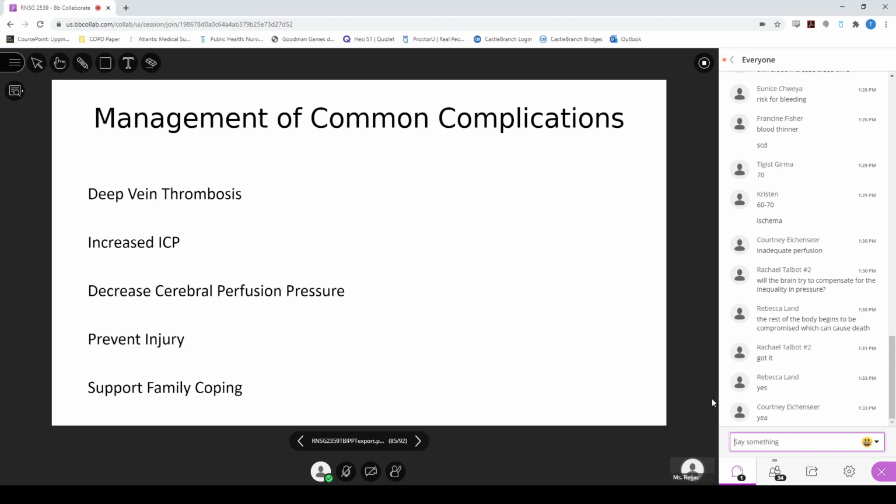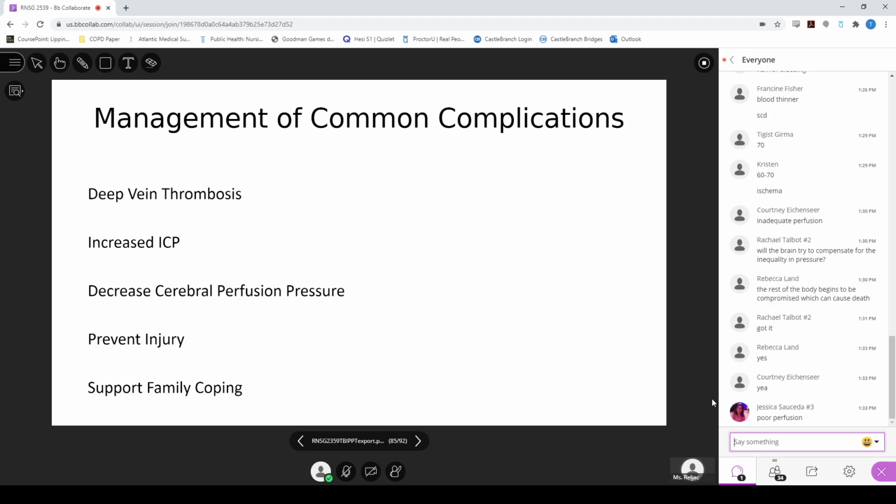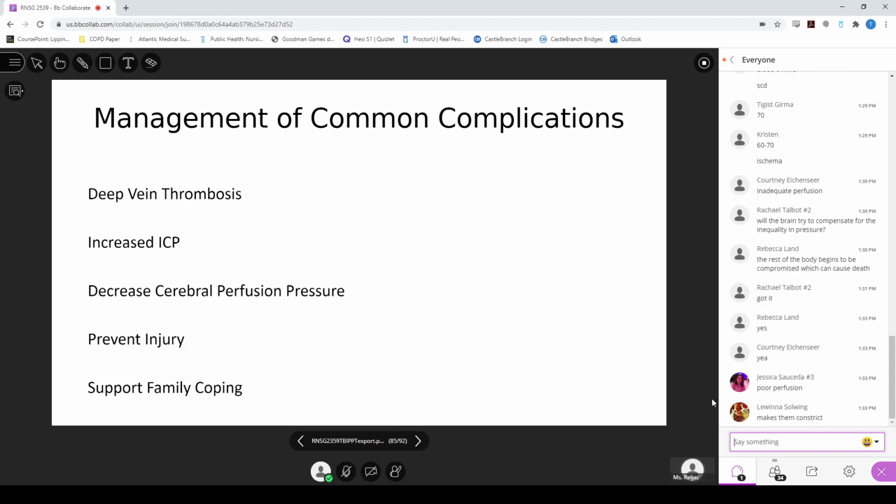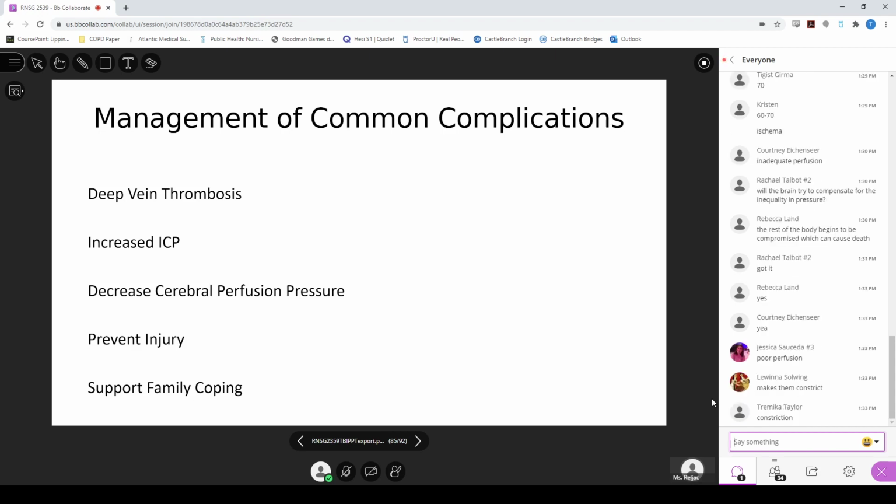So if you have systemic hypotension, what does this cause? How does hypotension affect your blood vessels? Perfusion, yes, because of vasoconstriction. It makes them constrict, that's right.